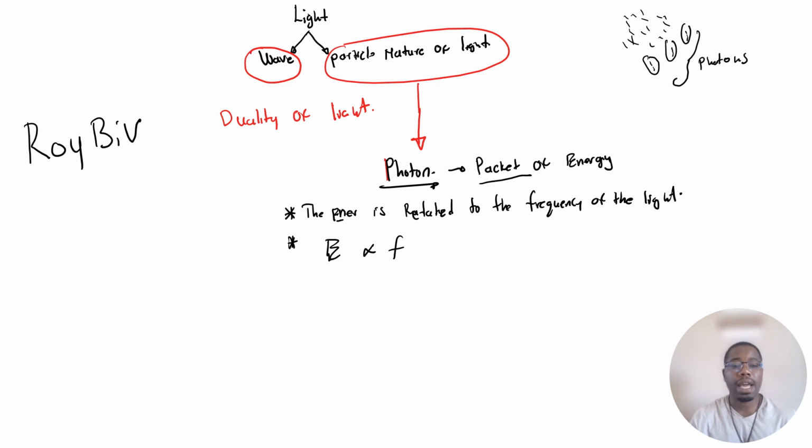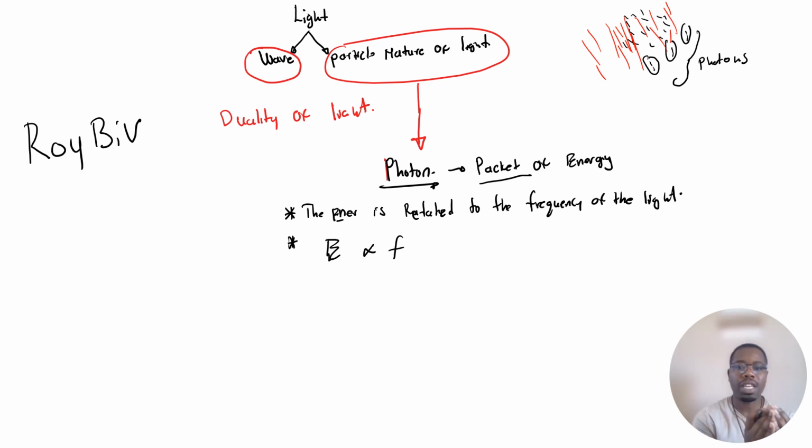Now, like I said, light has a dual nature. Suppose we have light rays like this. In theory, in those light rays, we have a packet of energy that we refer to as photons.